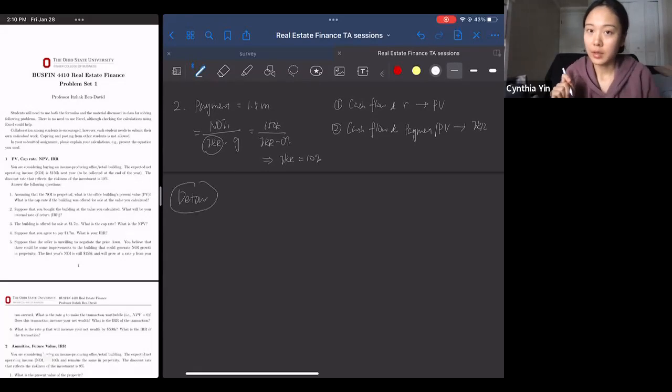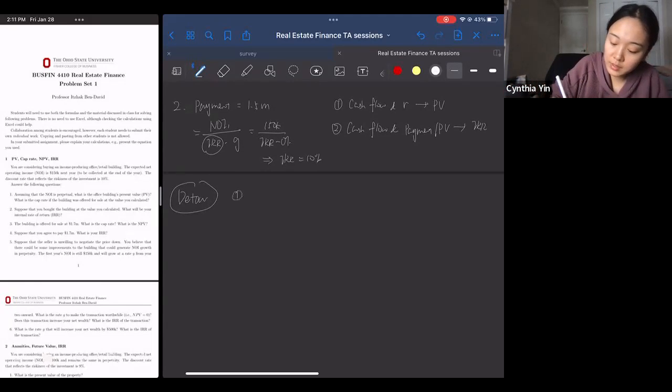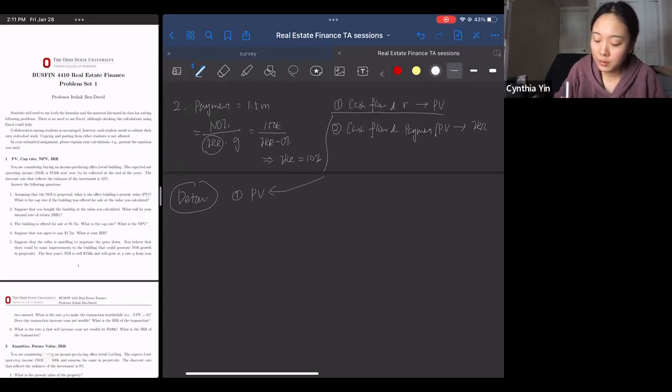When you evaluate an investment, there are two ways of comparing investments. For example, you have many investment opportunities, many projects on the internet, and you're looking at two ways to compare them. The first one is just by present value. Following the first bullet point here, you know the cash flow, and you know the fair discount rate of this project.